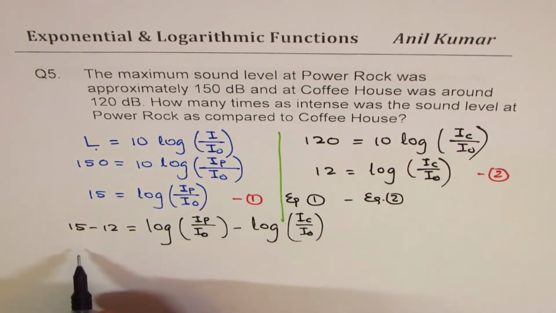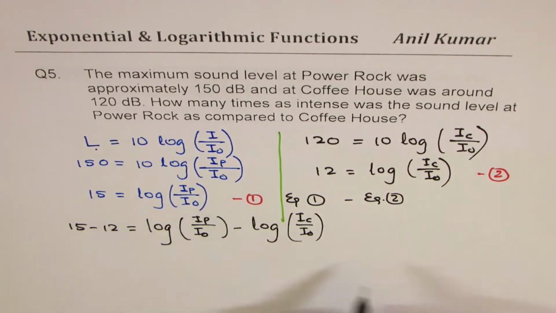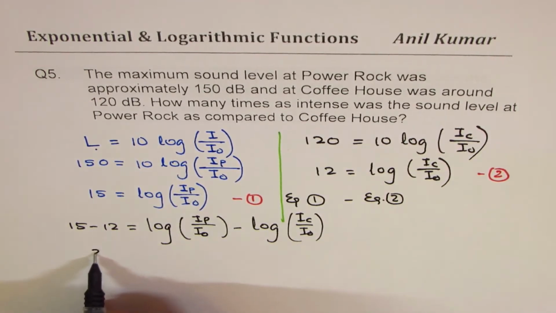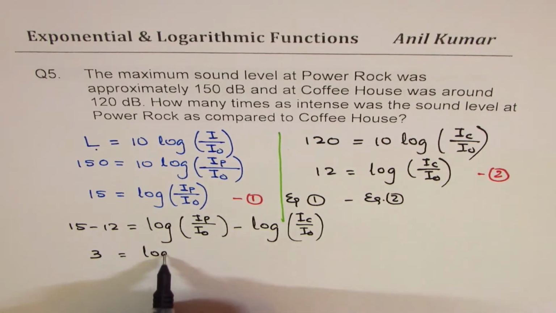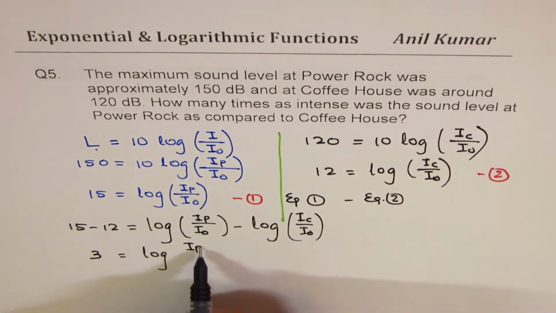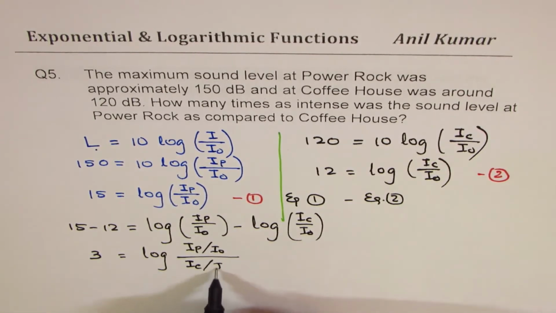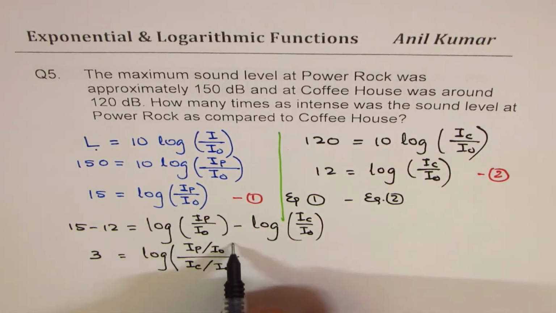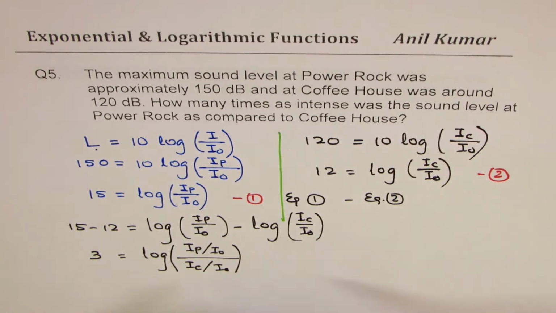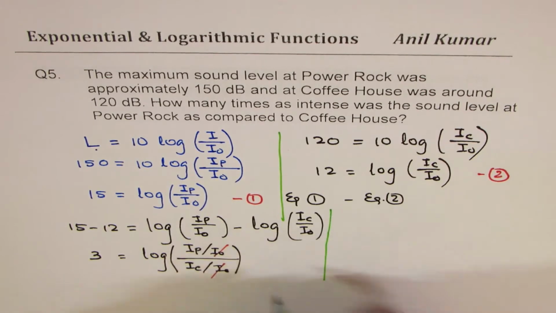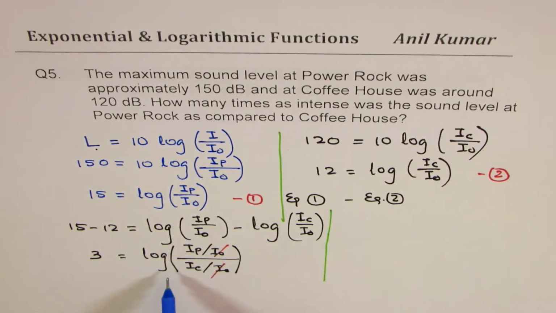So what we get here is 15 minus 12 is 3 equals log of IP over I0 divided by IC over I0, correct? Now I0 cancels. So we can find the ratio IP over IC. This is to the base 10, correct? It is to the base 10.